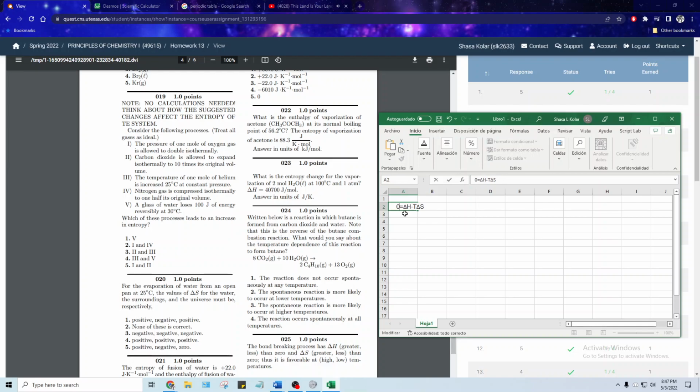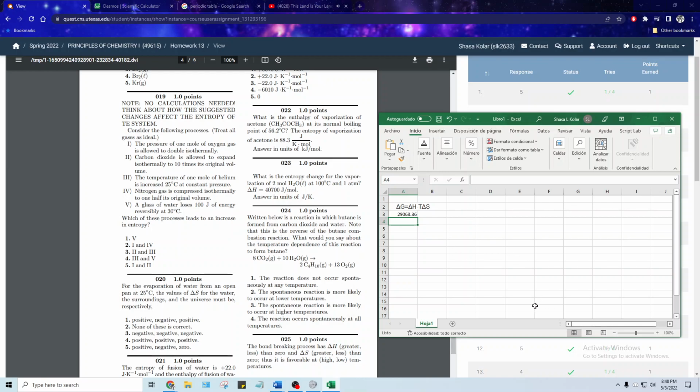And we know what our T is. Our T is 56.2 plus 273, so we get our Kelvin. And then we multiply that by our 88.3, our entropy, and we get 29 kilojoules.